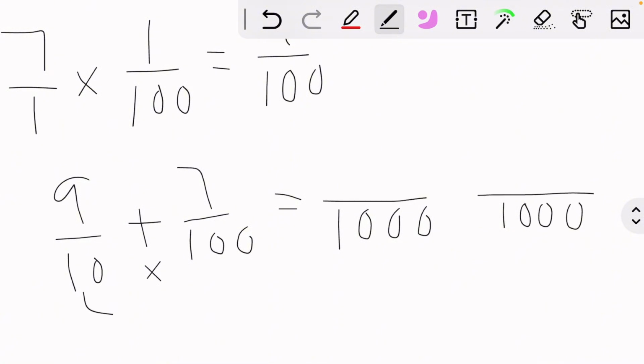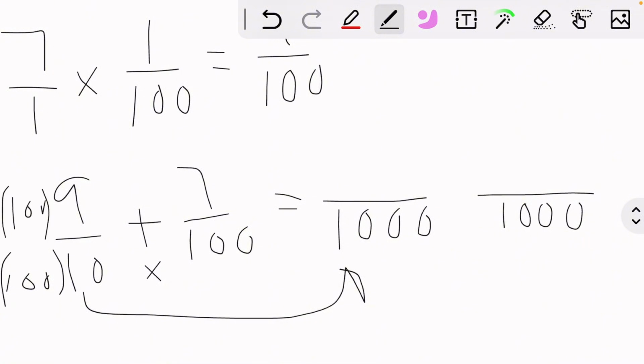So we started with 10 on this one, and we ended with 1,000, so that's times 100 down here. Do the same thing up here. So 100 times 10 is 1,000, 100 times 9 is going to be 900.